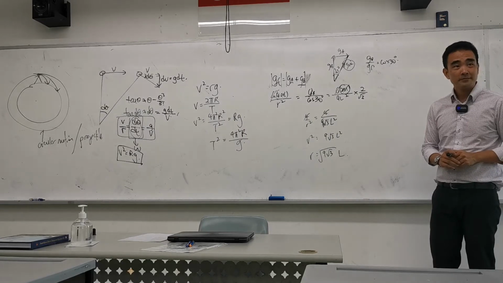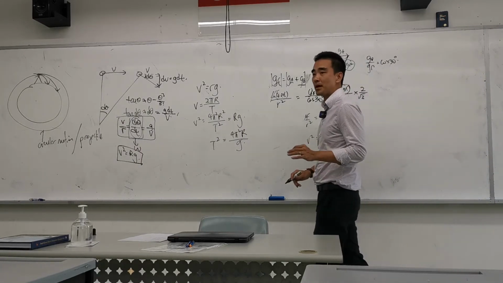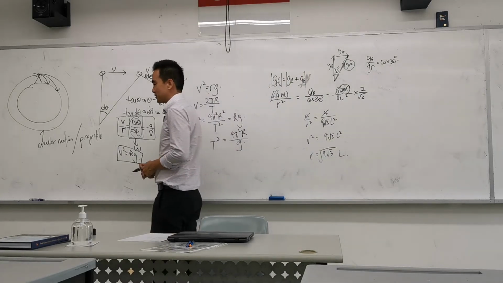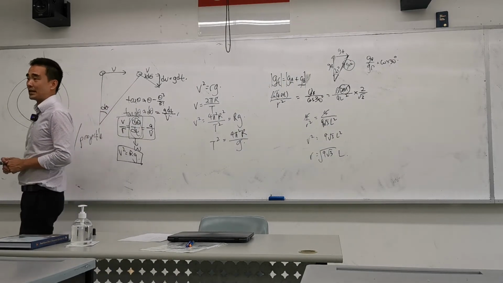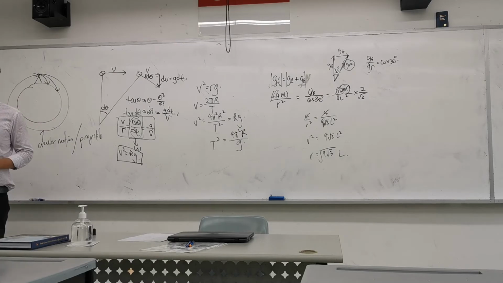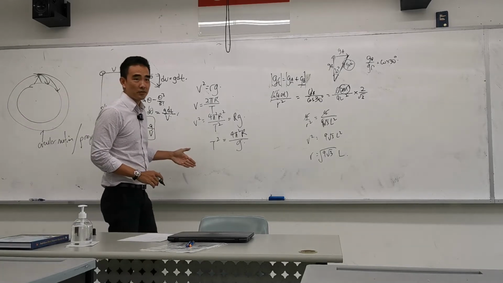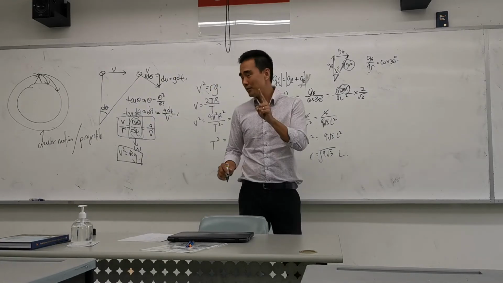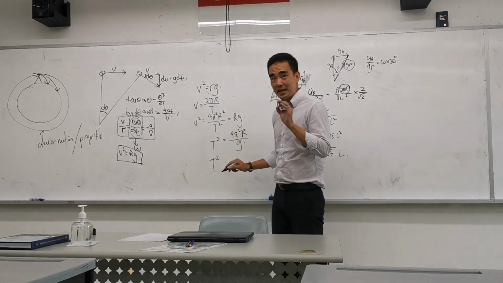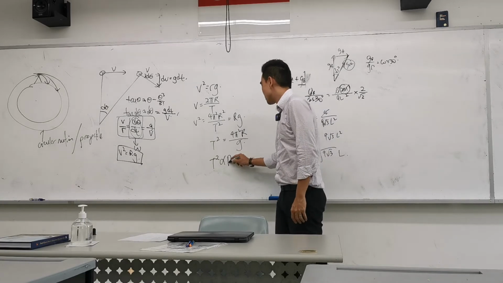Still okay? Now this is where Newton depended on someone else. The name of the person starts with a K. Kepler, correct. So Newton stopped at this point. But Kepler said, from data observation of the movement of the stars, that t squared is proportional to r cubed.